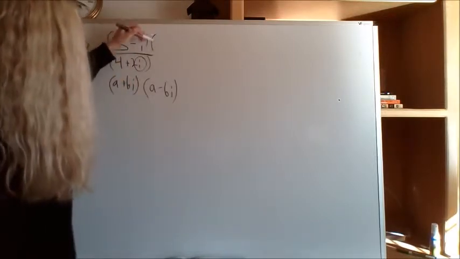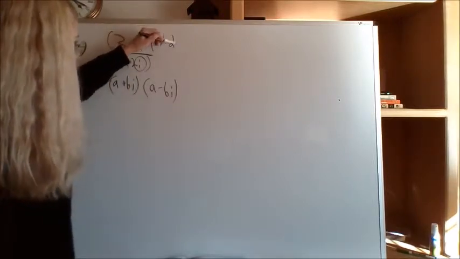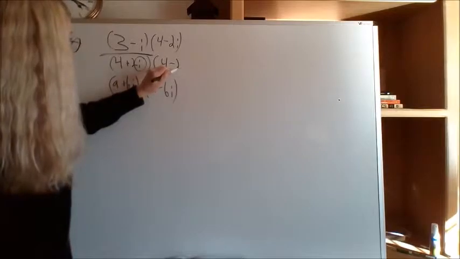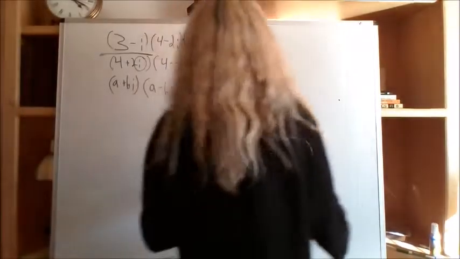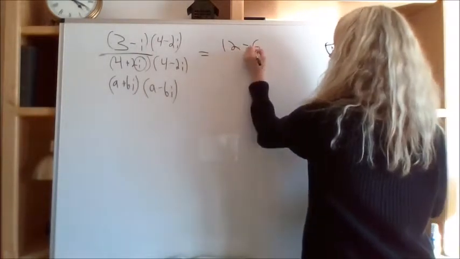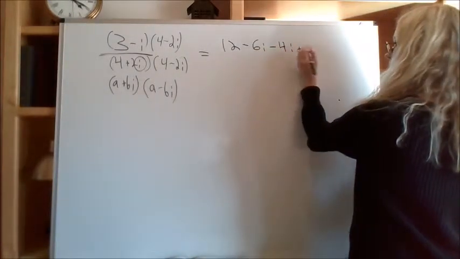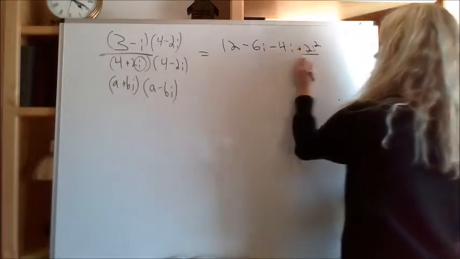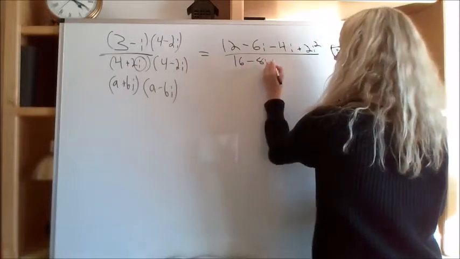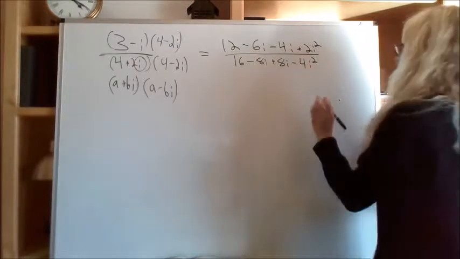So, in this case, since we have 4 plus 2i in the denominator, we put 4 minus 2i. Since this is positive, this is negative. So 4 minus 2i. And so if we simplify this, we get 12 minus 6i minus 4i plus 2i squared divided by 16 minus 8i plus 8i minus 4i squared.